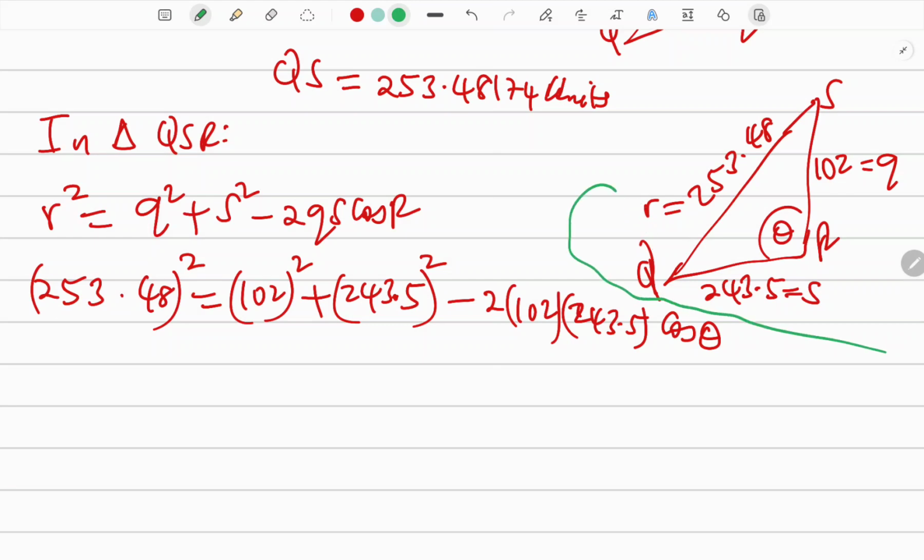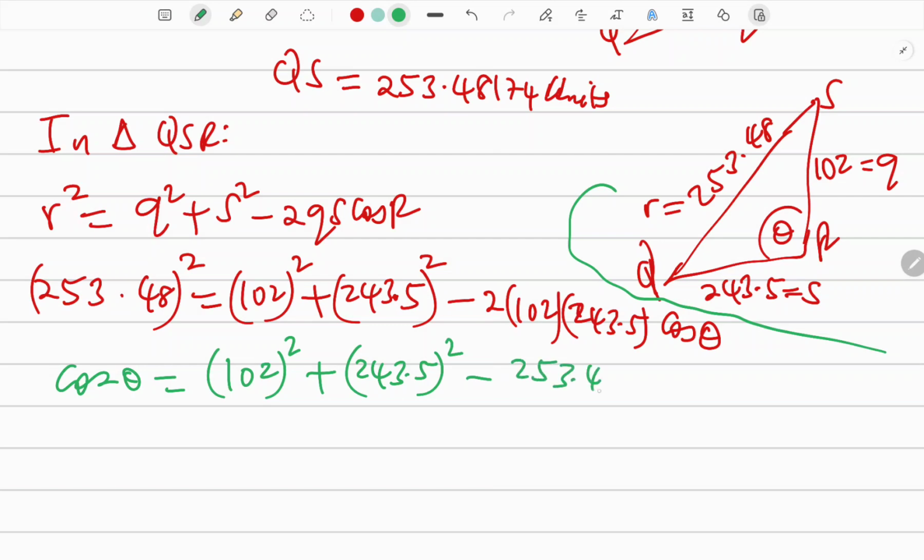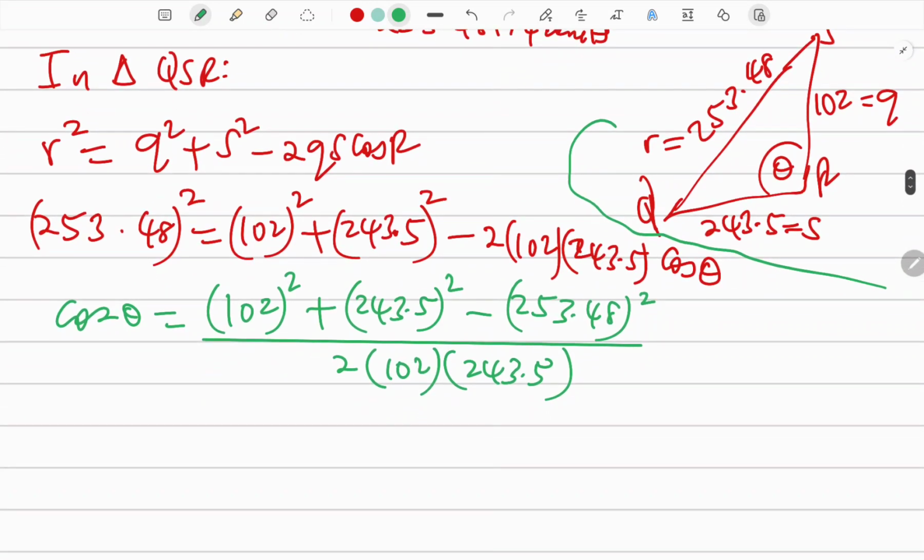We continue with the work and attempt to simplify this. Cosine theta is going to be 102 squared plus 243.5 squared minus 253.48 squared, all divided by 2 times 102 times 243.5.